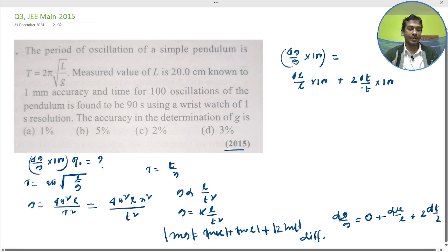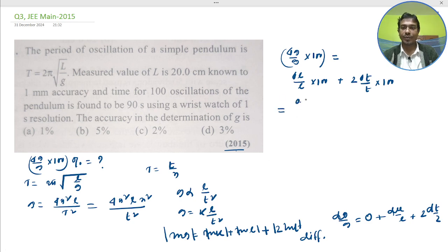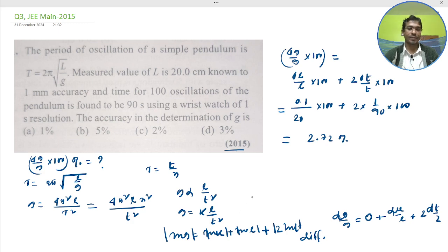Just put this value: 0.1 divided by 20 into 100 plus 2 into 1 by 90 into 100. So it would become 2.72%. After calculating, it is nearly equal to 3%. So D would be our correct answer, 3.